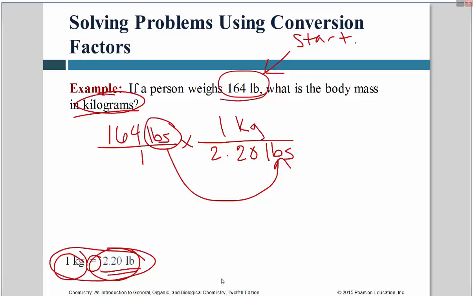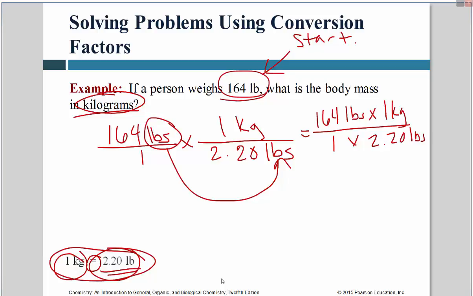Now there's a couple different ways that you can do this. I'm going to spell it out all the way the very first time, and then I'm going to take shortcuts. Basically you're multiplying fractions here. You multiply the top, and then you multiply the bottom. So we have 164 pounds times 1 kilogram divided by 1 times 2.20 pounds.